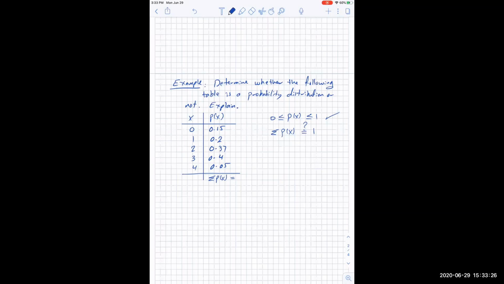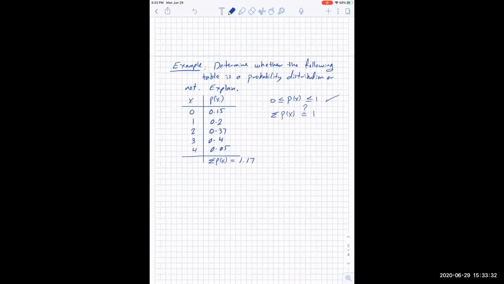And the result is 1.17. We have a problem here. Since the sum of the probability values does not add up to 1, the sum is more than 1, that means this cannot be a probability distribution. You cannot have the probability of all the outcomes be more than 100%.